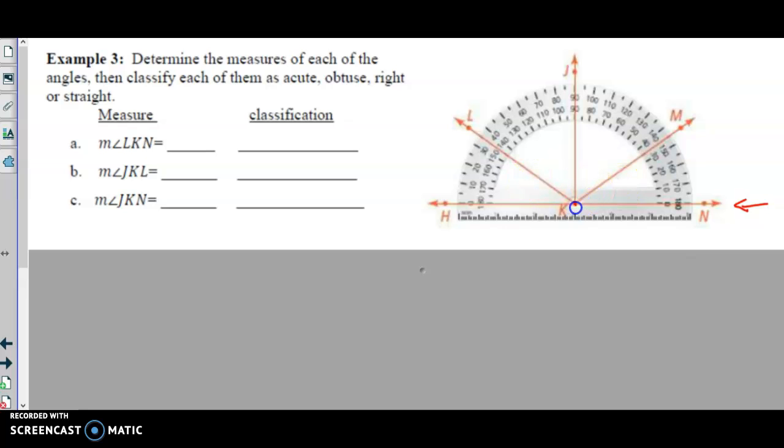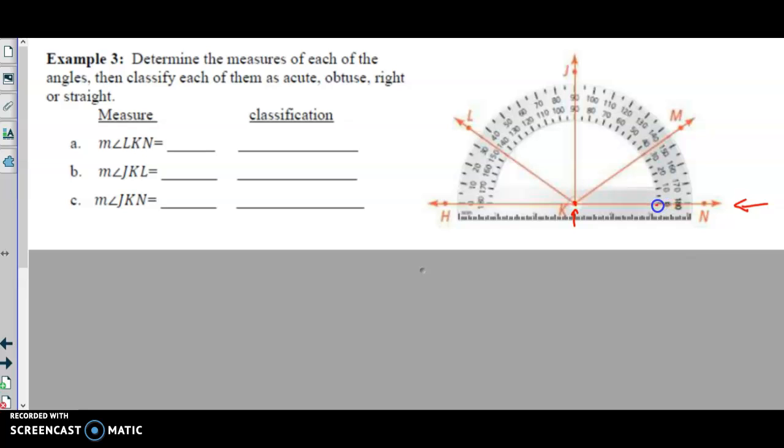Now, the protractor is lined up so that the vertex is in the center of this hole in the protractor. And then one edge of an angle, one side of an angle, is lined up at either 0 degrees or 180. And you'll notice over here on the other side, it's 0 on the outside and 180 here. So we show all the different degrees on the inside.